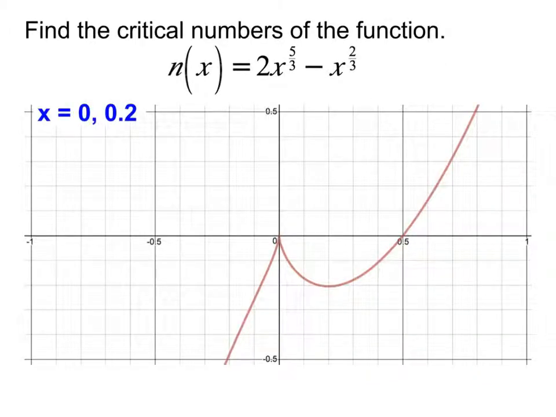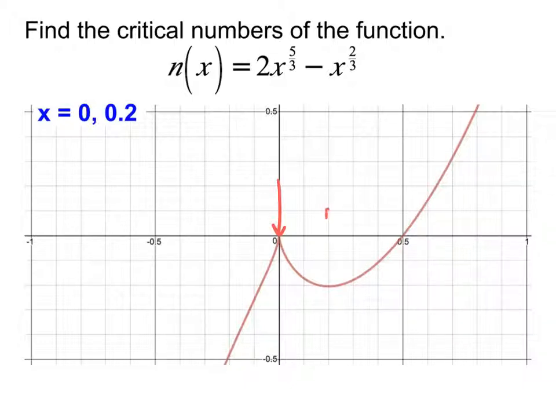Okay. So again, I want to take a look at the graph that this actually represents, because of course this is not a graph we're used to seeing. So notice here, these were my two solutions, x equals 0 and 0.2. If I graph this, this is what I'm seeing. So notice where 0 is. Notice it's not a hole or an asymptote there. 0 is actually a corner, because of some of the weirdness with the roots and all that.